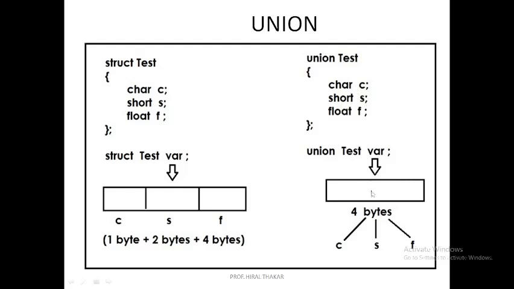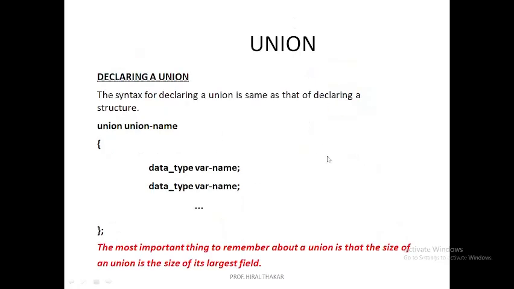Then they will store short, then they will store float. So when you are storing float, it will override character and short. So it will save the memory. Here you have to allocate 4 plus 2 plus 1, total 7 bytes. Here you have to allocate only 4 bytes. This is the main difference.